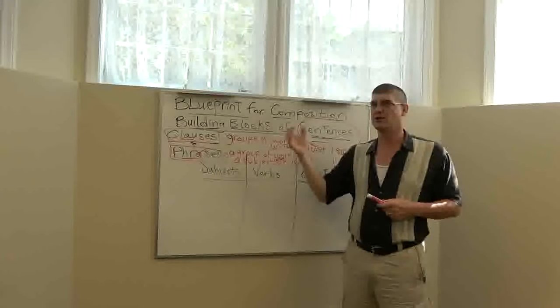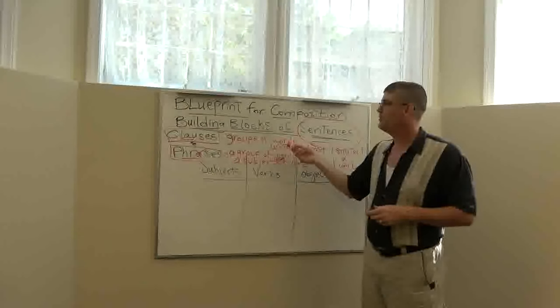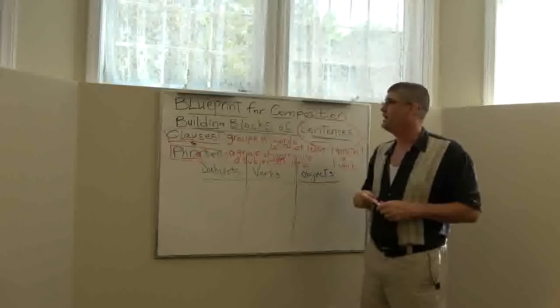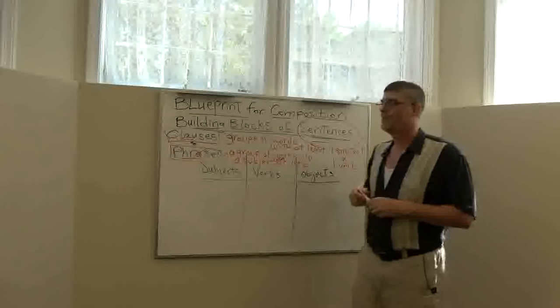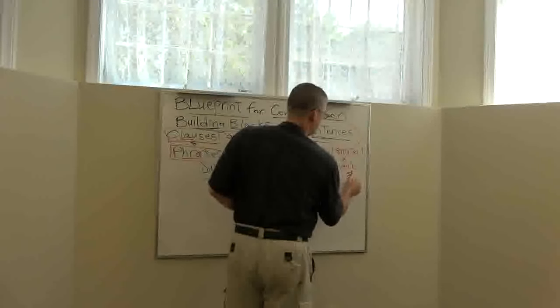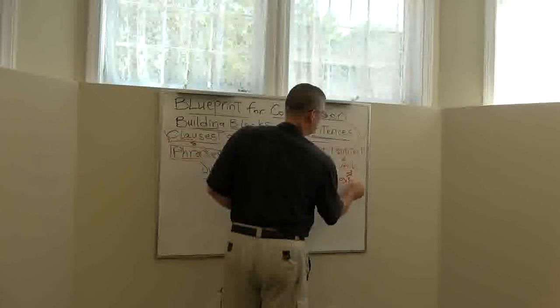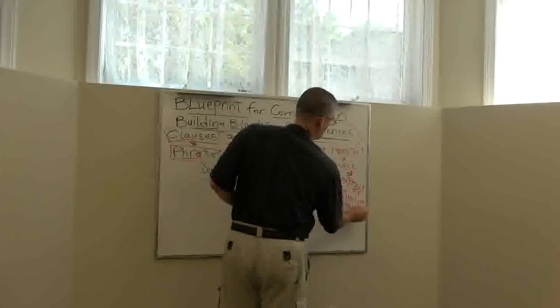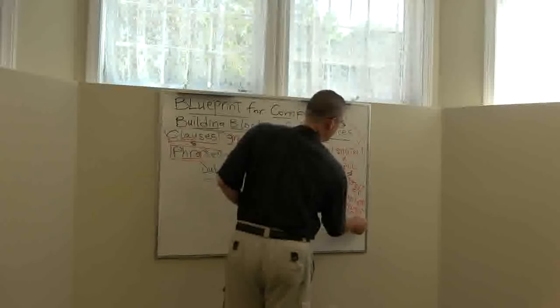Because when you do combine a subject and verb together, that's what makes a clause, and a clause can be classified as a sentence as long as one thing: it expresses a complete thought or idea.